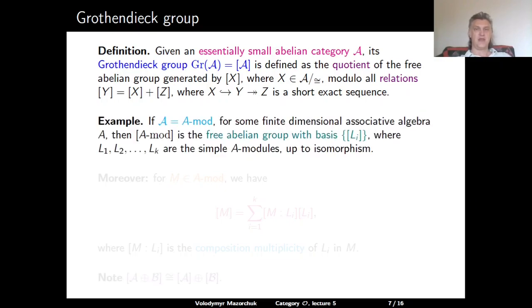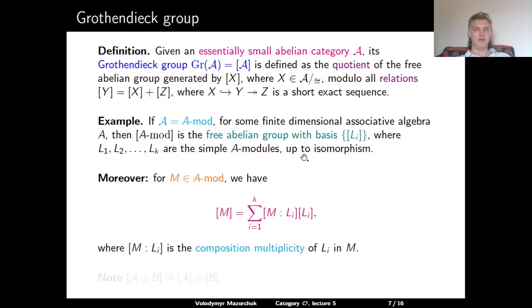For example, if our category A is the category of finite dimensional modules over some finite dimensional associative algebra A, then the Grothendieck group of this module category is isomorphic to the free abelian group with basis given by the classes of simple A modules.